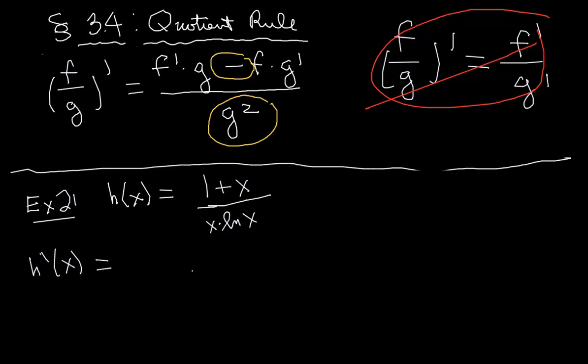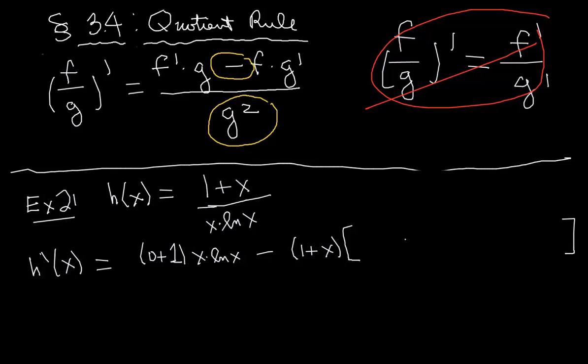h prime of x is equal to, let's do it this way. Quotient rule says derivative of the top, that's going to be 0 plus 1, times the bottom, nothing happens there, minus the top, 1 plus x, times the derivative of the bottom. I'll put a big box here. The derivative of the bottom is going to require us to take the derivative of x times ln x.